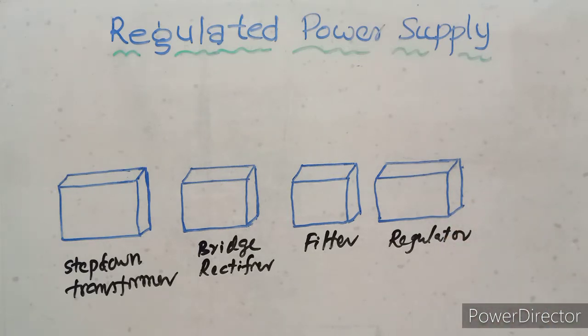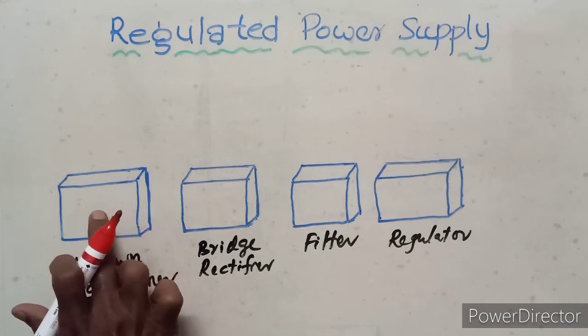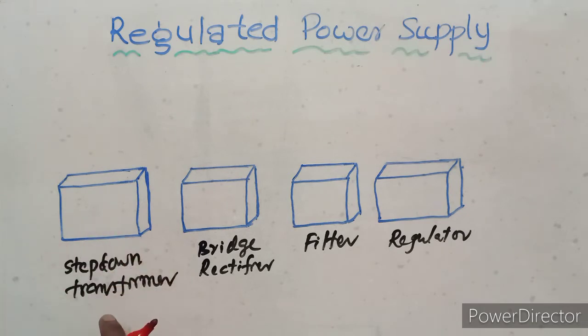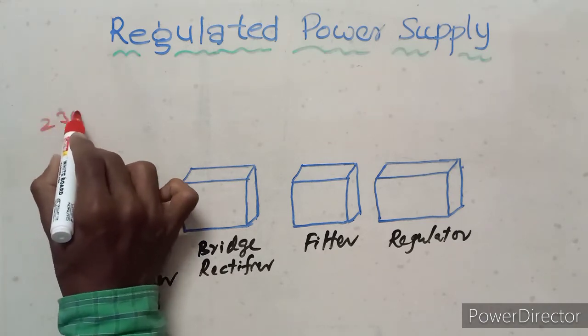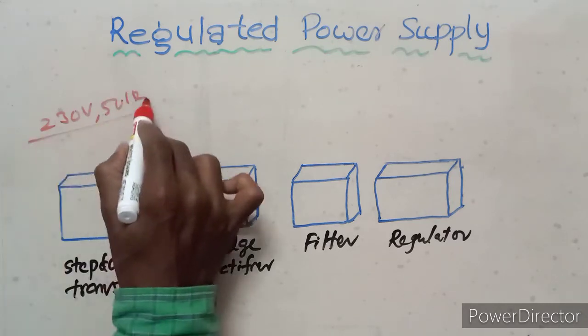Regulated power supply. First of all, the step down transformer. The transformer used in the block diagram is a step down transformer. Here the AC voltage is 230 volts and 50 hertz.